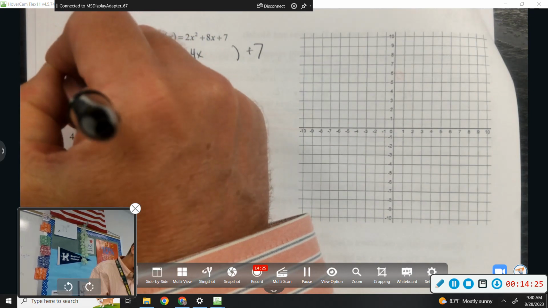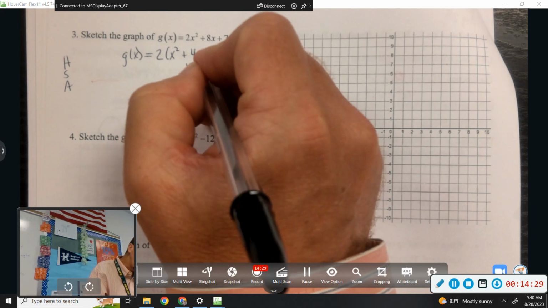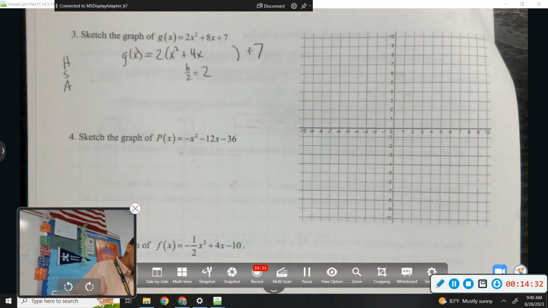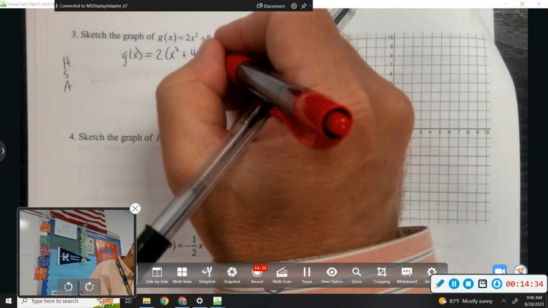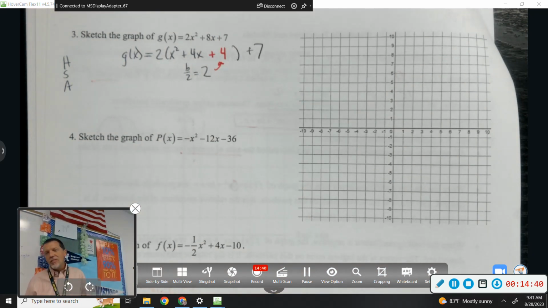So half it, square it, add it. Half of 4 is 2. I square it, I get 4. So plus 4. But again, there's something out front. So I wrote plus 4, but I need to do minus 8 to counteract that.